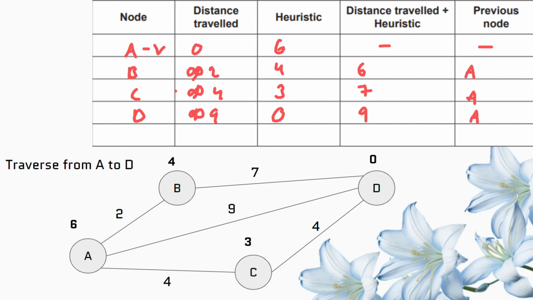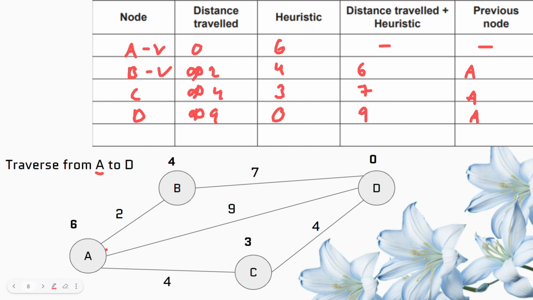We've already visited A. So B, we'll have considered all of B's neighbors, right? We don't want to go back to A because we don't want to go back to the start point. We're starting from A. So we consider D, 2 add 7 is 9. Distance traveled is already 9, so we don't update that. Nice and chill. And then C is the next node, which has the minimum distance traveled plus heuristic.